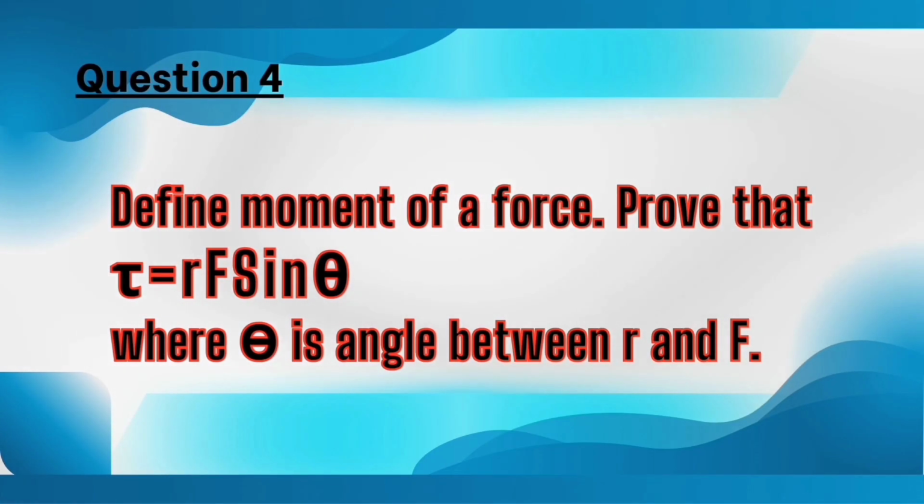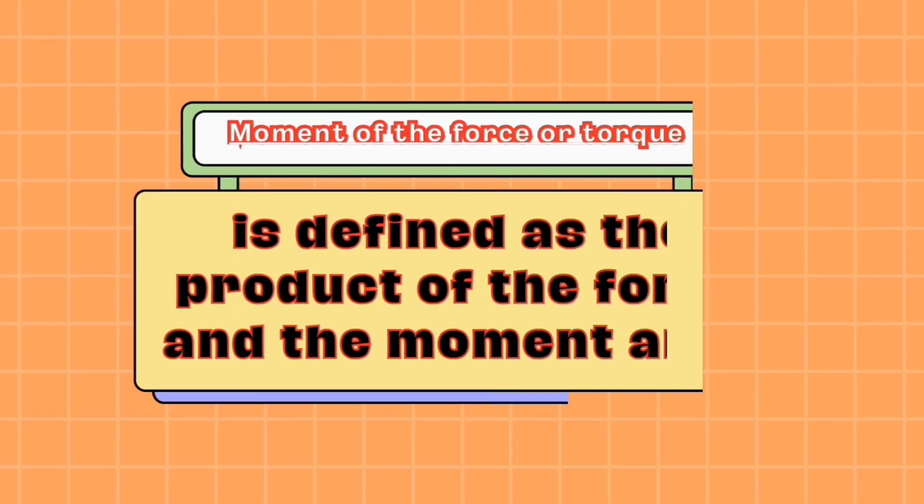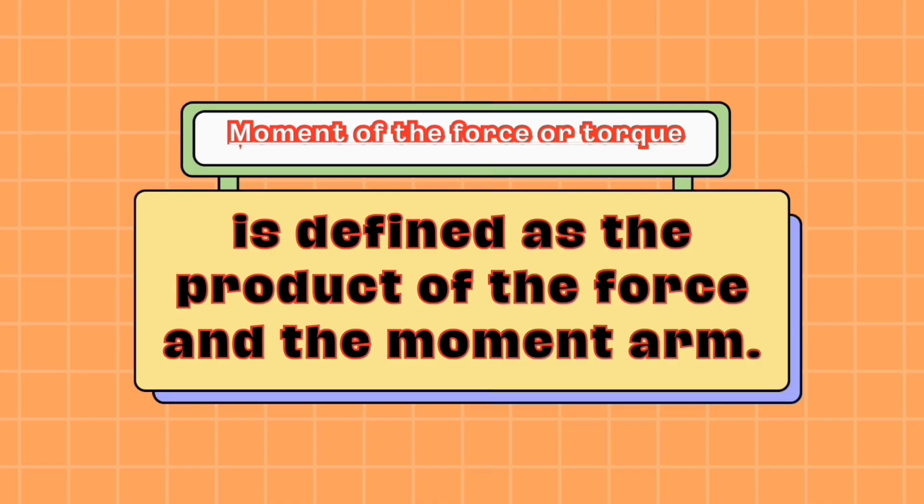Question number 4. Define moment of a force and prove that tau is equal to R F sin theta, where theta is the angle between R and F. Moment of the force, or torque, is defined as the product of the force and the moment arm.